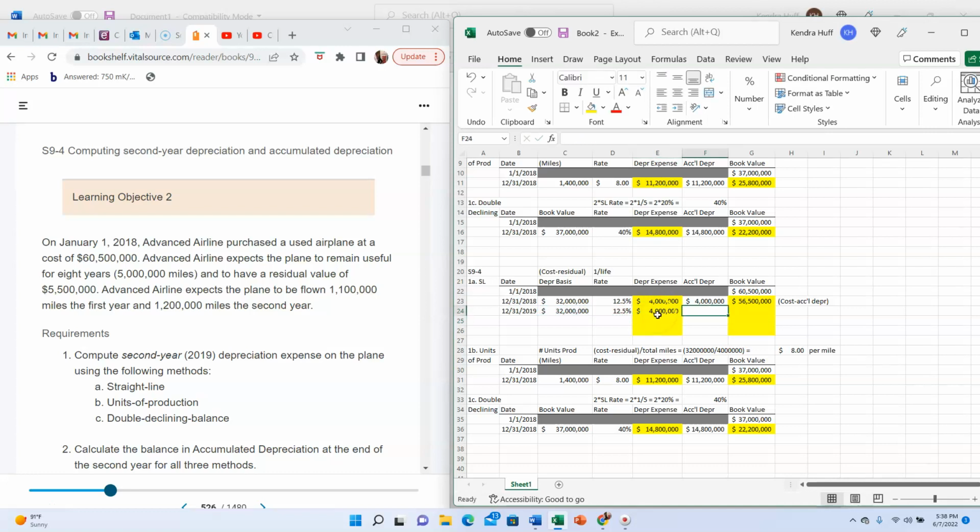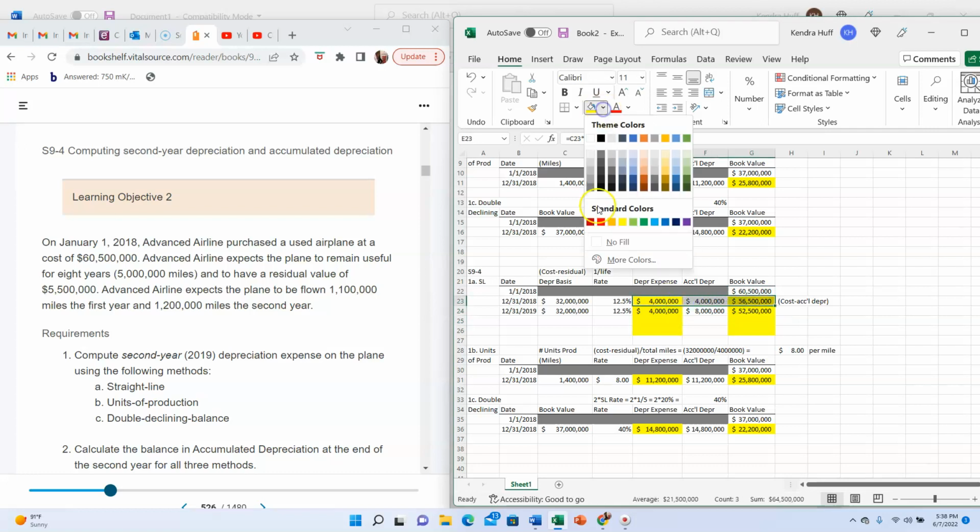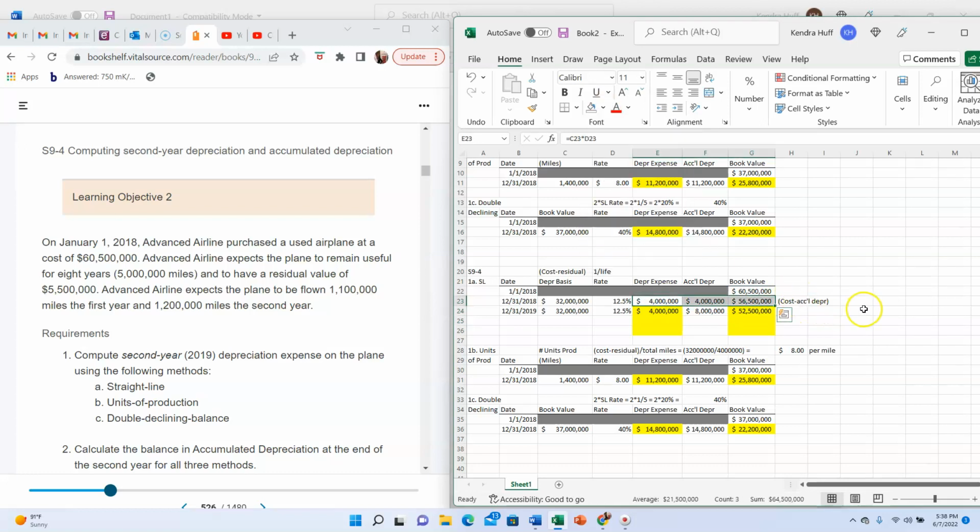It's straight line, so it's going to be the exact same amount every year. And then accumulated the second year is going to be the prior year plus the current year. And then book value is going to be the cost minus accumulated. So there's the straight line.